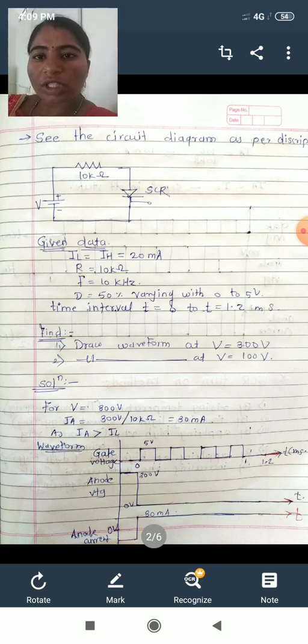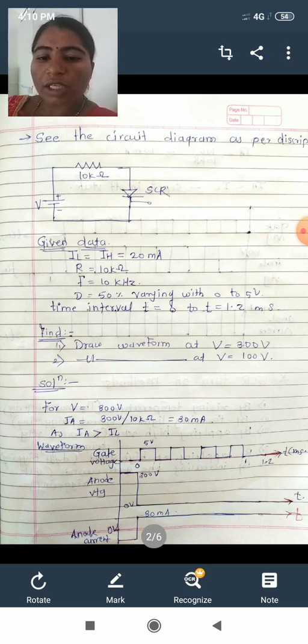To draw these waveforms, we first have to calculate the anode current. According to Ohm's law V is equal to IR, but here V is given and we have to find the current I. The anode current IA is equal to VAK divided by the series resistance. The given voltage is 300 volt and the series resistance is 10 kilo ohm.